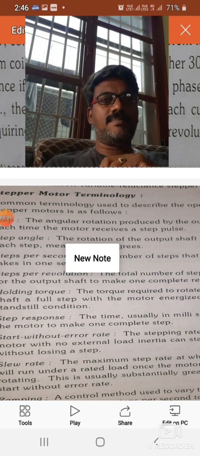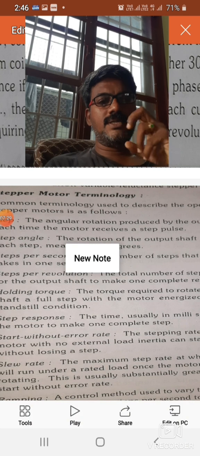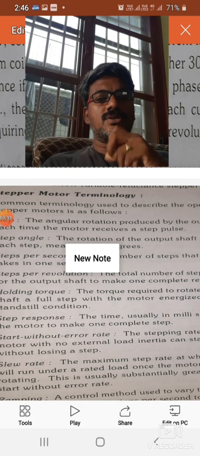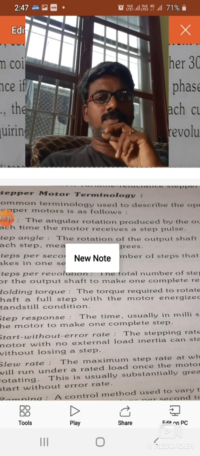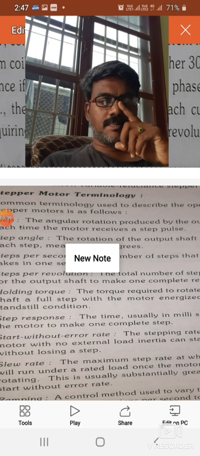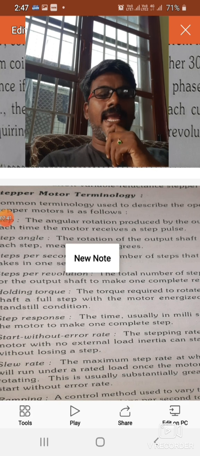Step angle means it is measured in degrees, caused by each step produced by the shaft. That is the step angle.